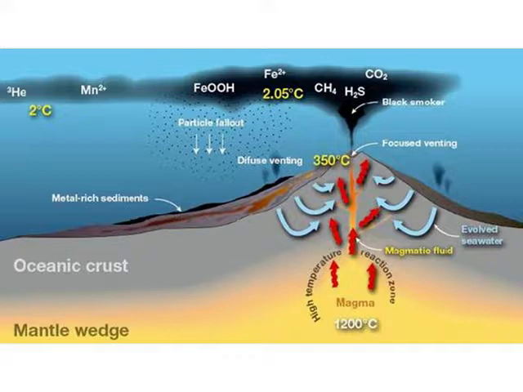This black smoker has methane, hydrogen sulfide, carbon dioxide, iron, magnesium, along with a bunch of other things. But the temperatures that you can see here, in this particular case, right off of the vent, it's showing you 350 degrees Celsius.